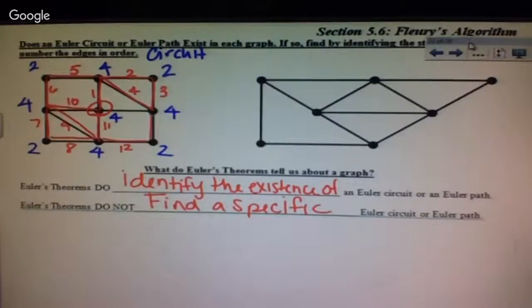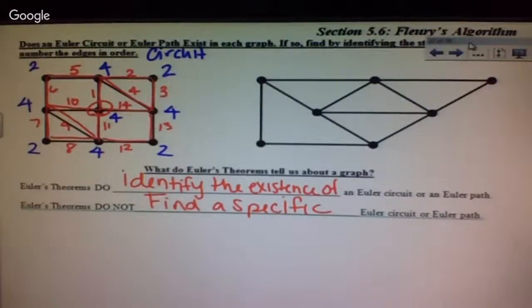Up, 13. To the left, 14. I traced every line and I made it back to where I needed to go. So you just found an Euler circuit. So the first thing you're going to have to do is identify what it is. Then you're going to have to find it by tracing the lines.